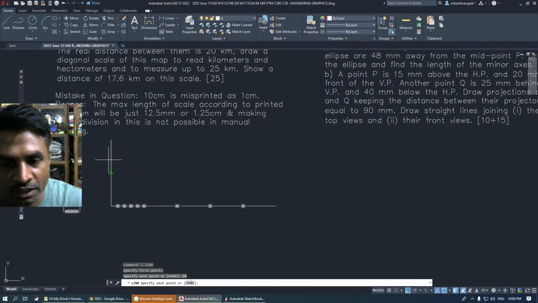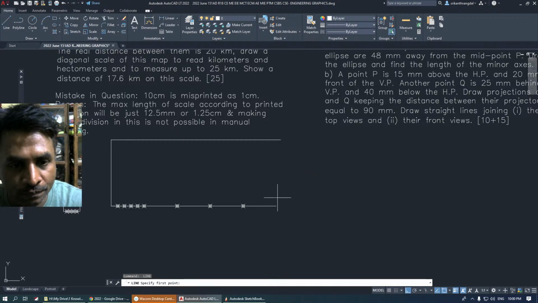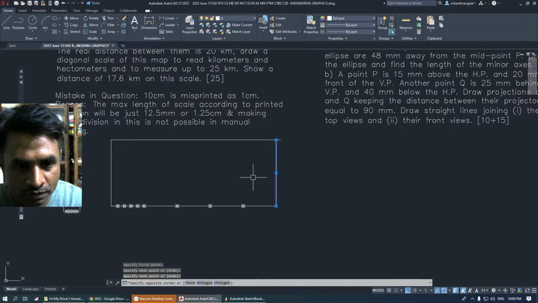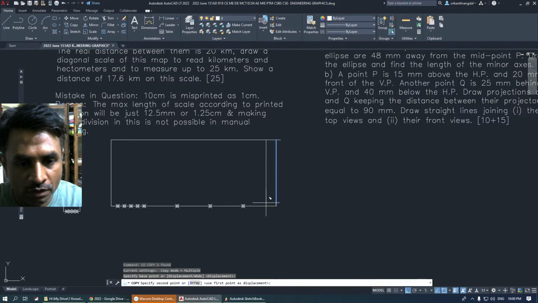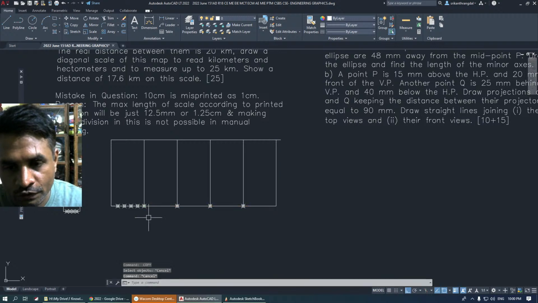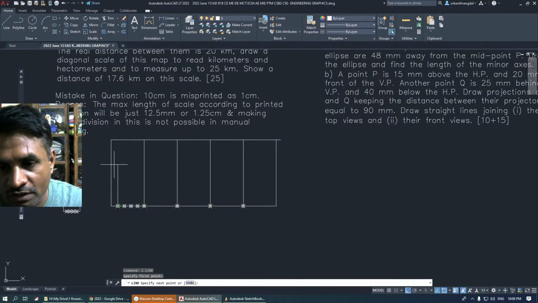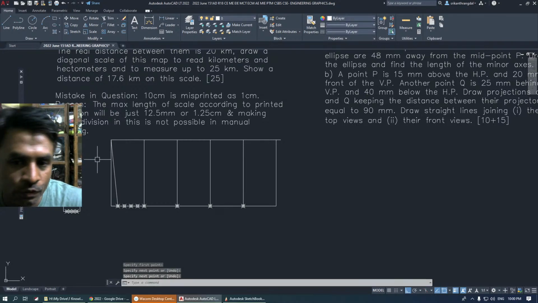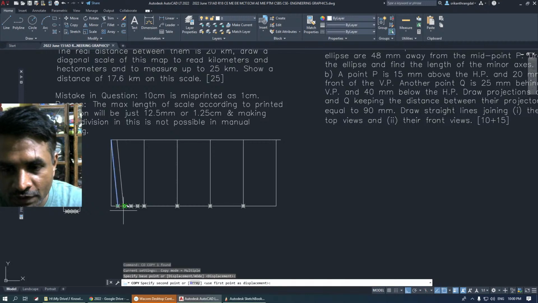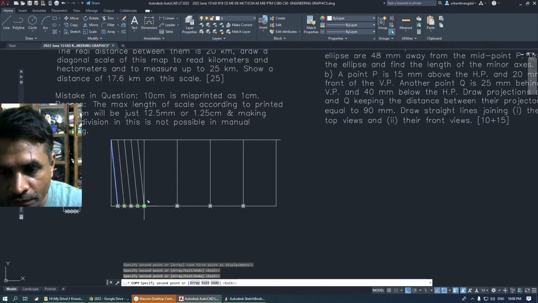We're going to take 50 mm of height. We will need a vertical line at all these points, and we will need this point here connecting with the top left corner. So this is going to give us a diagonal.